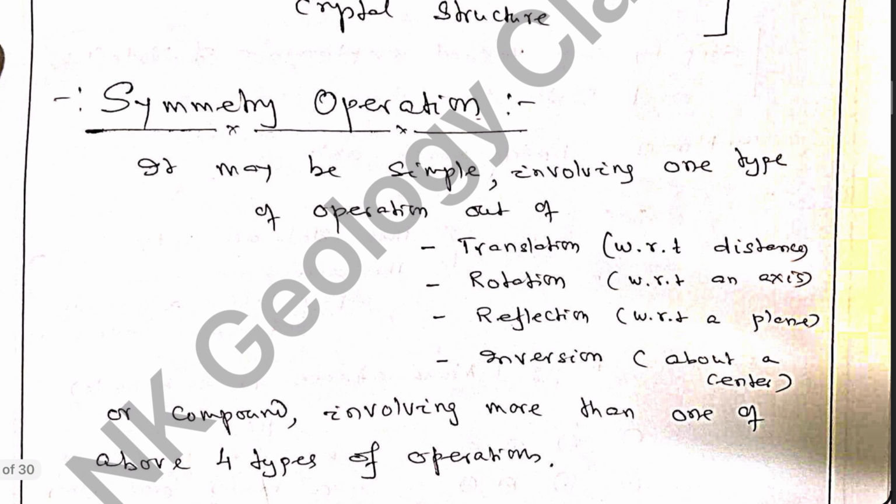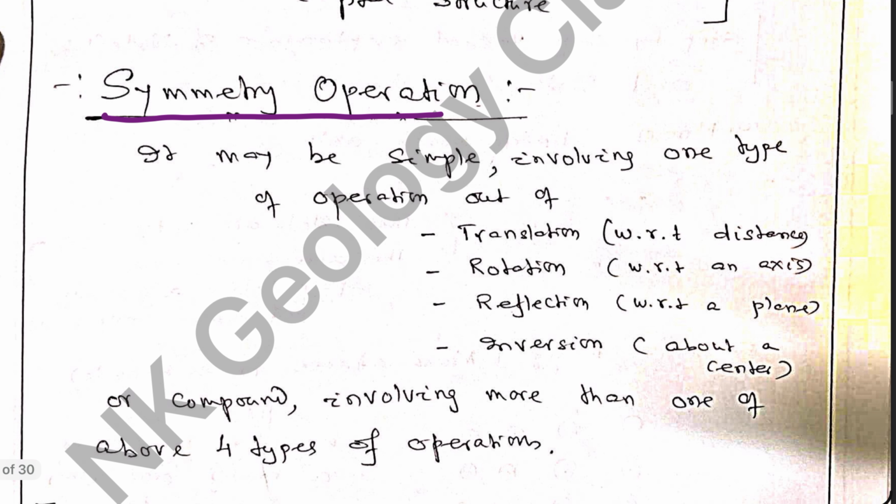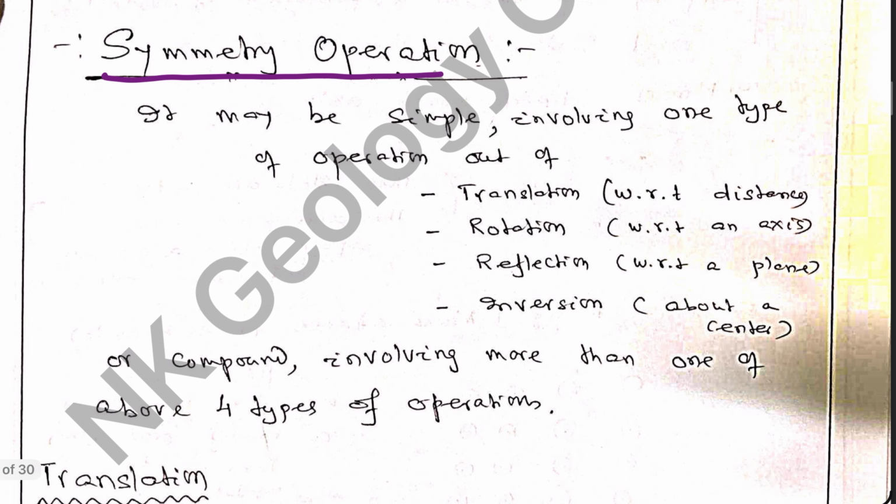Now, I will discuss the symmetry operation which operates on this arrangement of atoms and molecules, as a result of which the crystal structure develops. The symmetry operation may be a simple symmetry operation involving one type of operation such as translation, rotation, reflection and inversion.